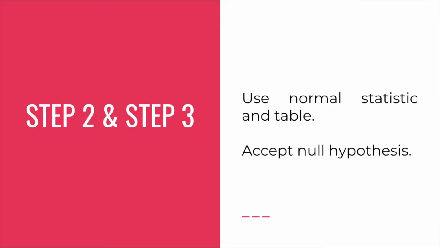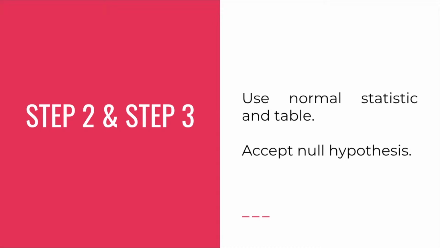In step 2, we have to use the normal statistic table. In step 3, we accept the null hypothesis because the number that we obtain in the normal statistic table is in the acceptance area.